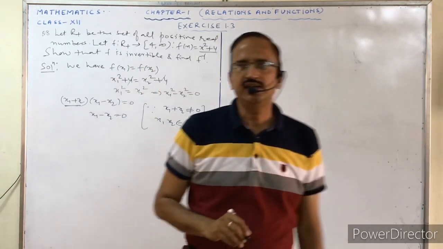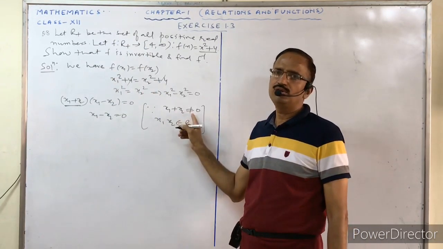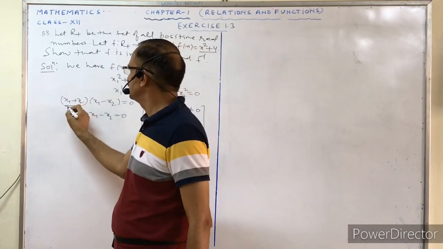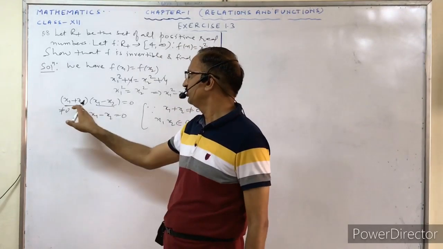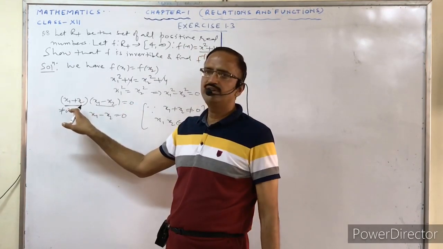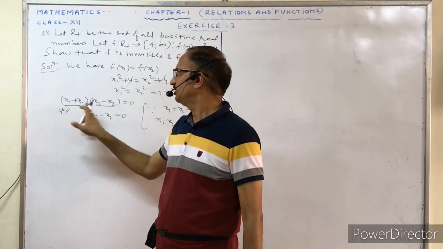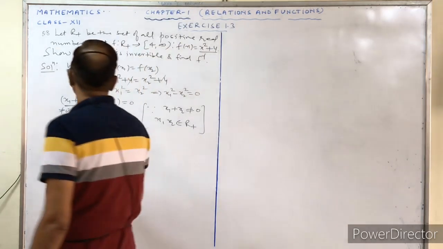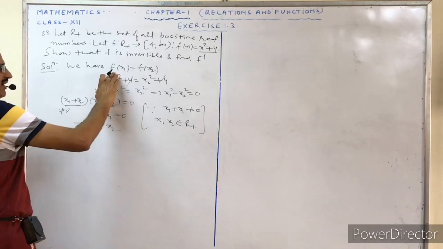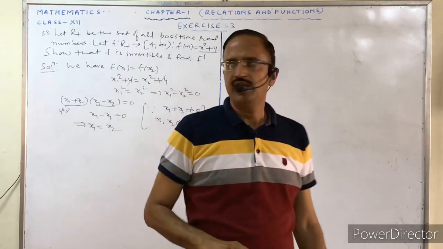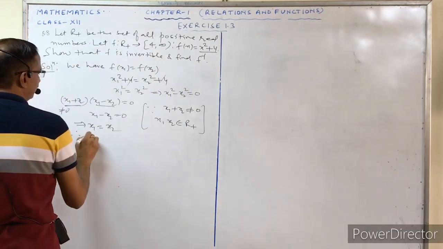The product of two numbers is 0 when either the first one is 0 or the second one is 0. But since this is not equal to 0, only this is 0. So from this we get x1 equal to x2. Now whenever f(x1) equals f(x2) and we have proved that x1 equals x2, therefore f is one-one.